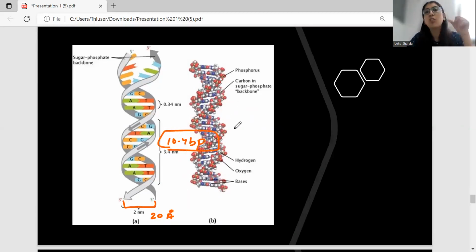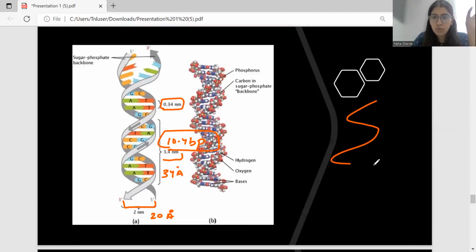Base pairs are nitrogenous bases. The distance between 2 base pairs is 0.34 nanometer, and one helical turn will be 3.4 nanometers, or 34 angstrom.